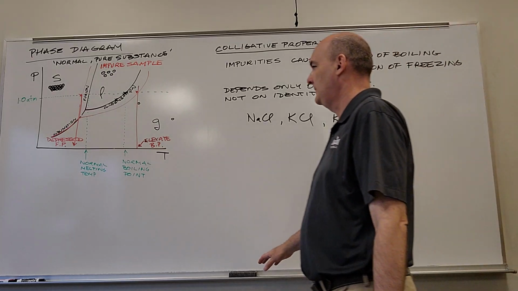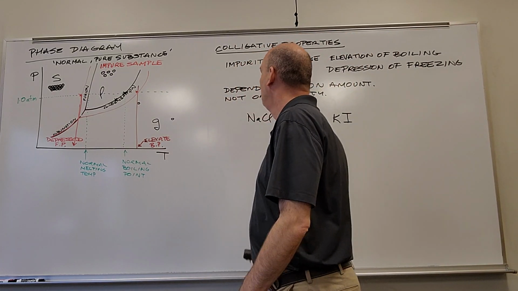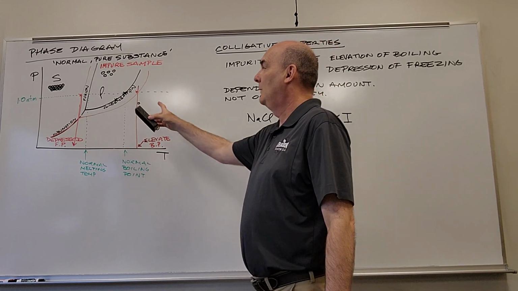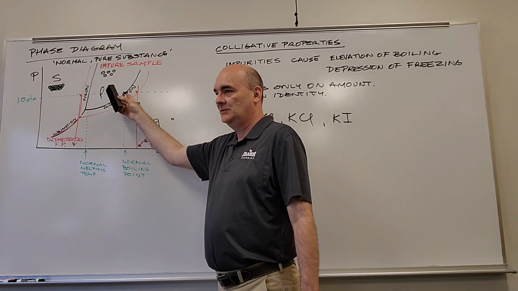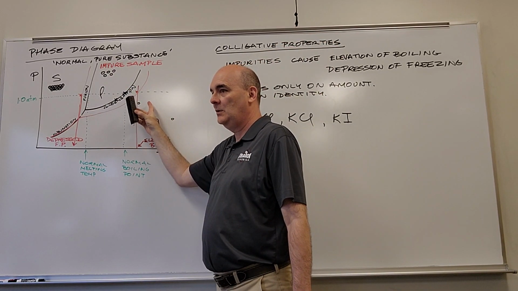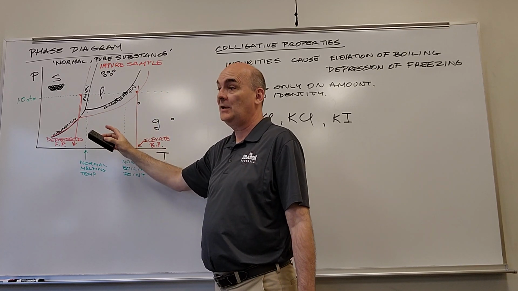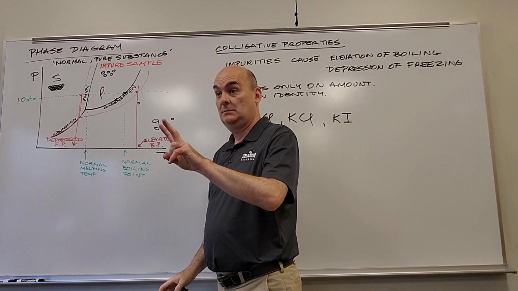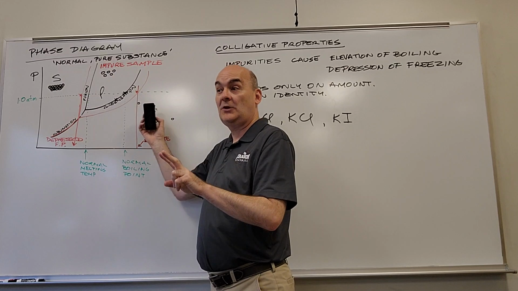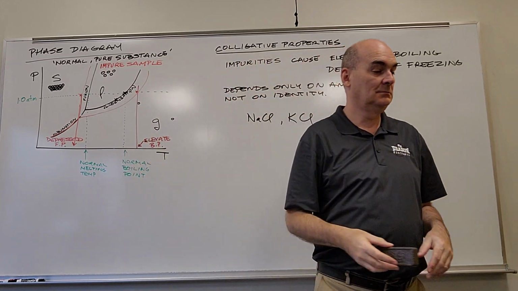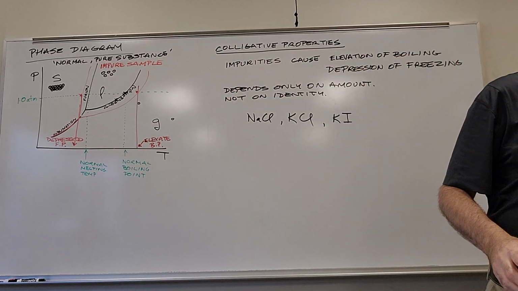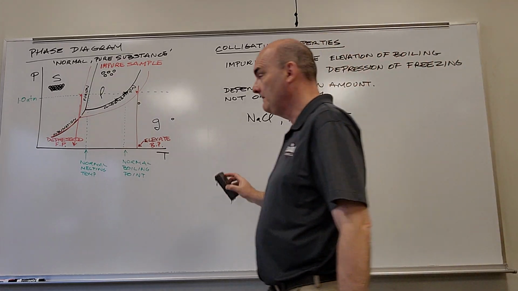Think of this as a map. We've just introduced two things. By introducing an impurity, this is now a phase diagram that contains two things. This is salt water, or something dissolved in something else.